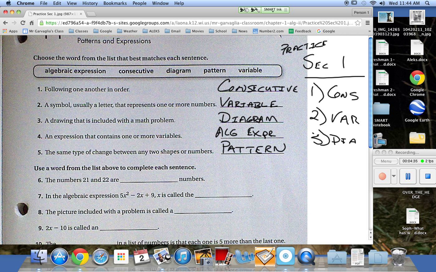Okay? Now it says use a word from the list above to complete each sentence. The numbers 21 and 22 are, Reese? The numbers 21 and 22 are consecutive numbers, okay? Good. So on your paper, when you write this down, put 6, consecutive. In the algebraic expression, 5x squared minus 2x plus 9x is called the, Katie?